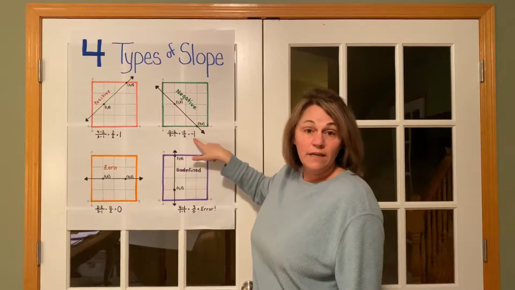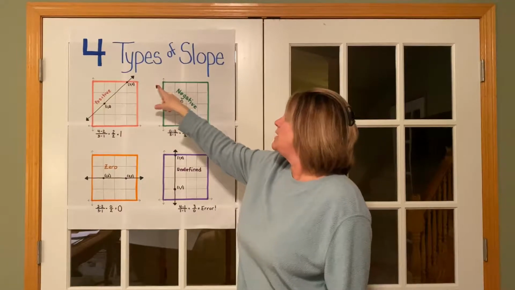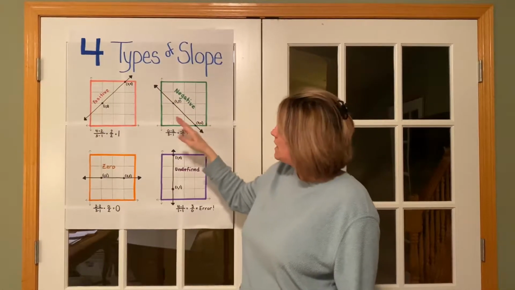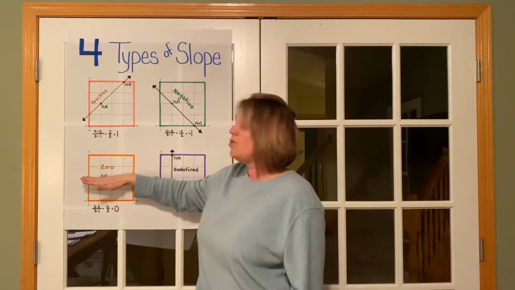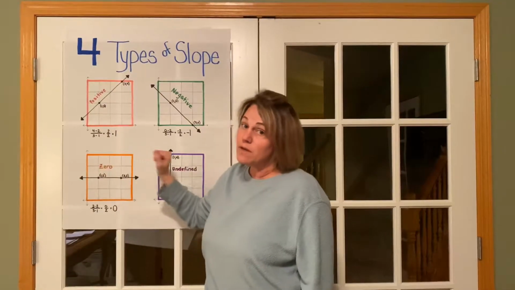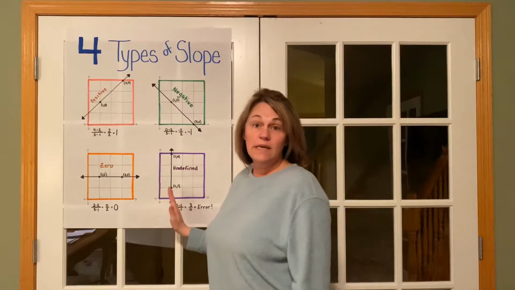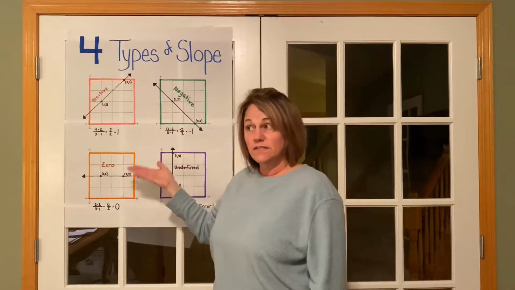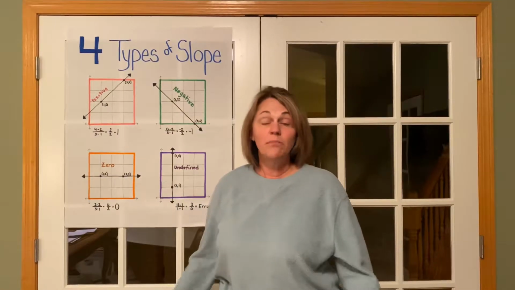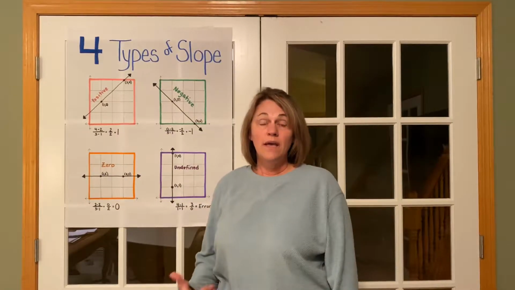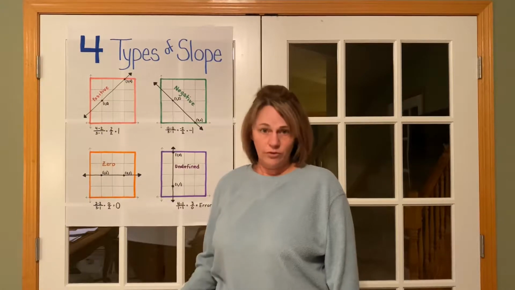When your slope is negative, it will be going down. If your slope is completely horizontal, it's called a 0 slope. And if the line is completely vertical, it's called an undefined slope. This is just one example of something that could be hanging in the classroom to help the kids remember what they're learning.